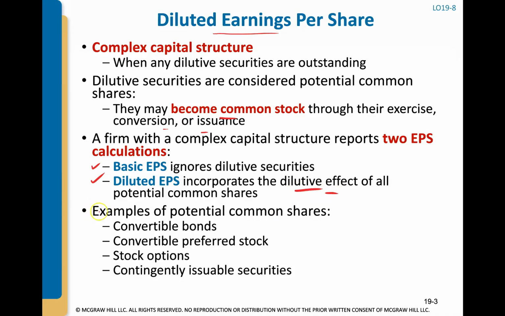Almost, there are some exceptions. Some examples of securities that might end up having potentially additional common shares are convertible bonds and convertible preferred stock, which is what we're going to go through in this video, stock options, which we went through in a different video, and contingently issuable securities, which we're not going to go through.